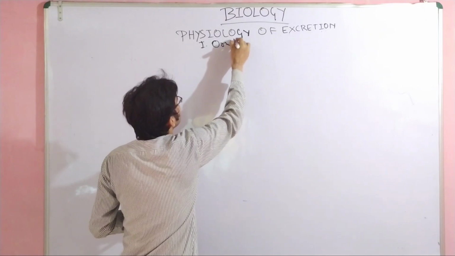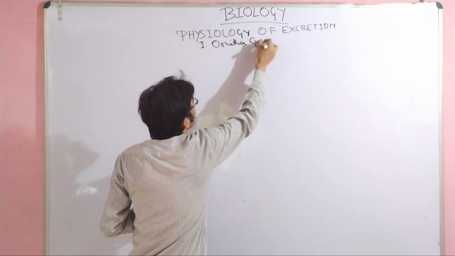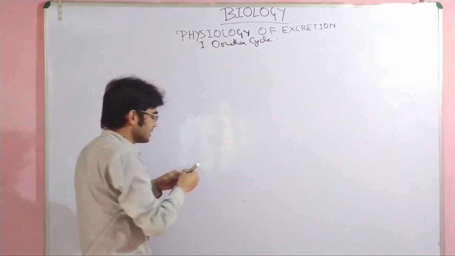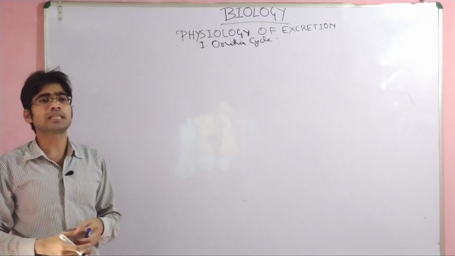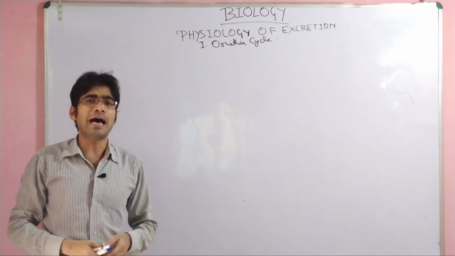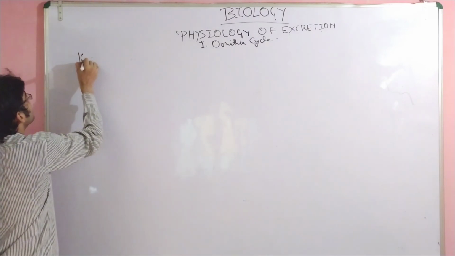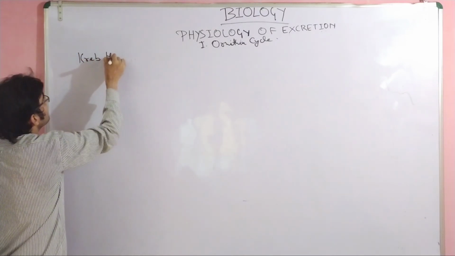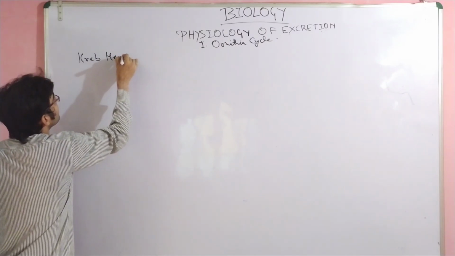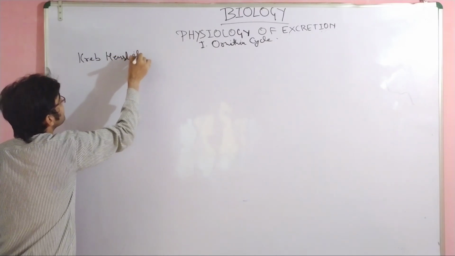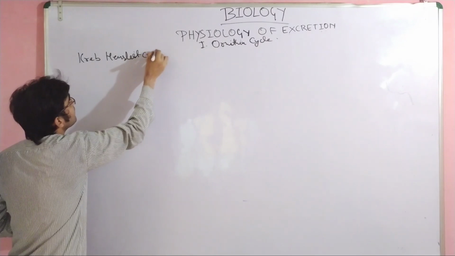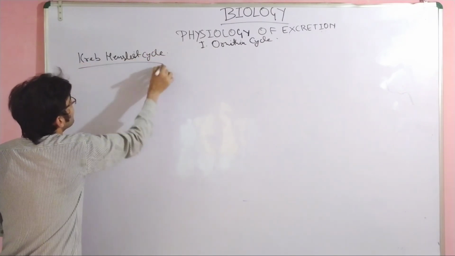ornithine cycle. This cycle is also known as the urea cycle or Krebs-Henseleit cycle.